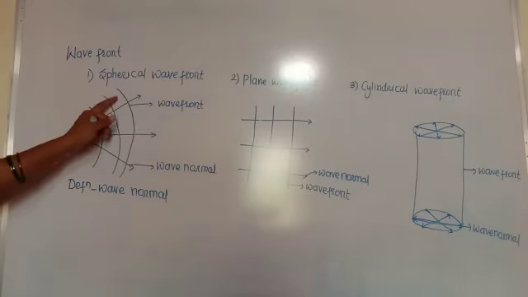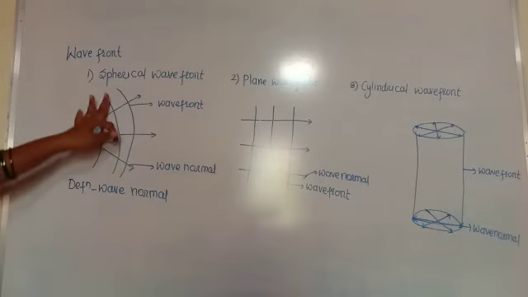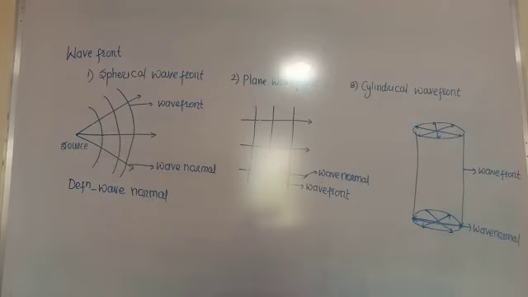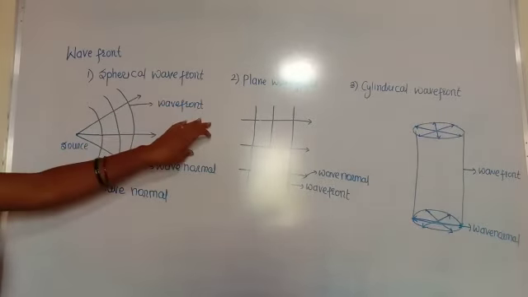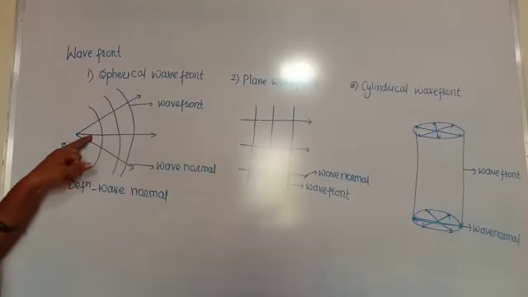We are taking any point. There are a number of points on the wavefront. At any point of the wavefront, in the direction of propagation of light, that direction is the wave normal.